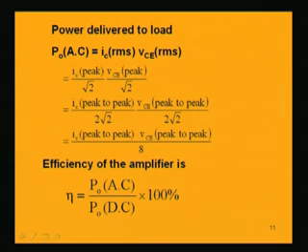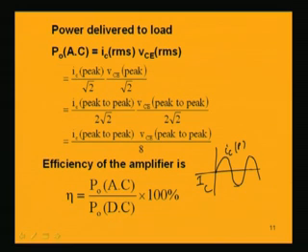The whole swing is the IC, this is the IC capital, and it will have this type of waveform. This is IC peak and this is IC negative peak. So this value is IC peak to peak, the whole swing of the collector current, and that peak to peak divided by 2 will give you one peak of the collector current.